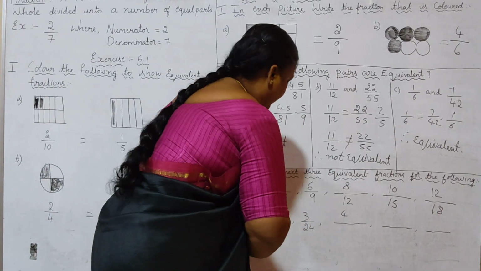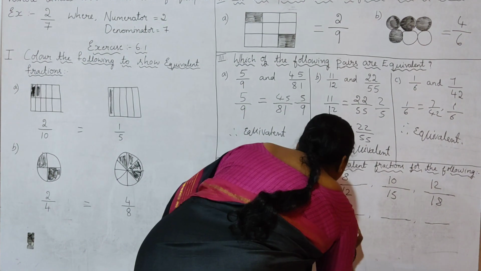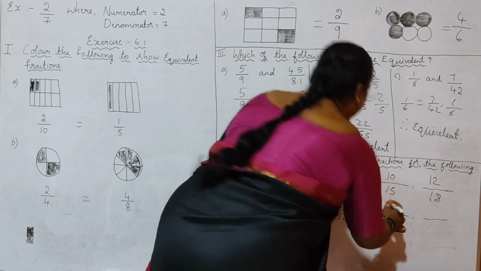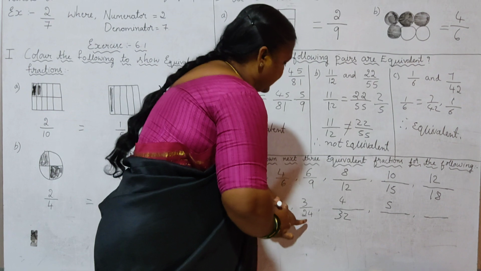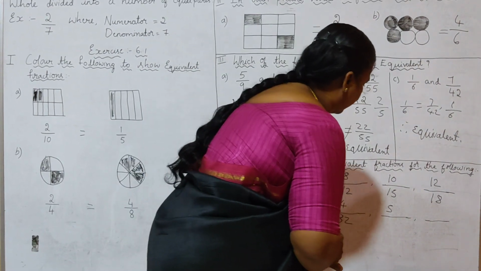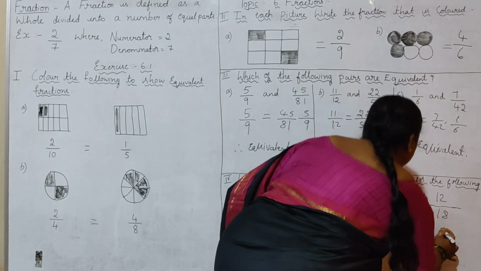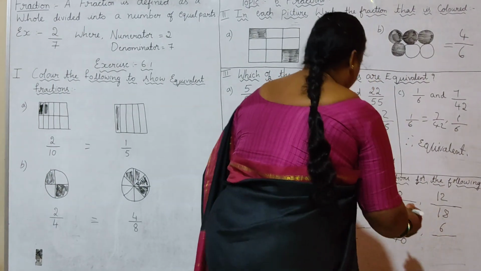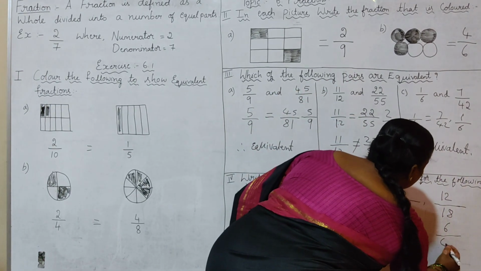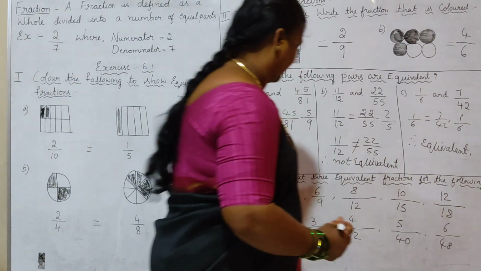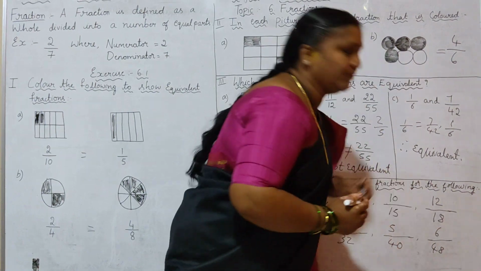Here, 8 ones are 8, 8 twos are 16, 8 threes are 24, 8 fours are 32, 8 fives are 40, 8 sixes are 48. So the continuation is 4 by 32, 5 by 40, 6 by 48.